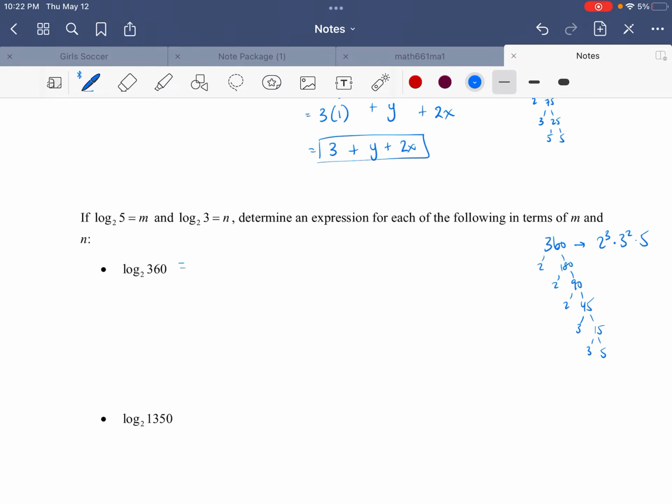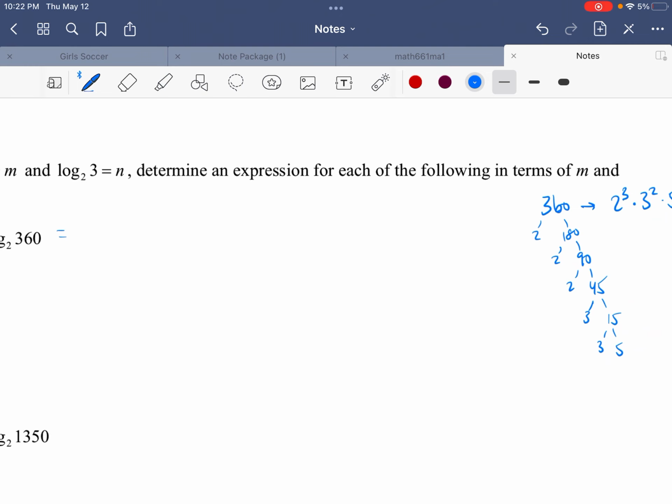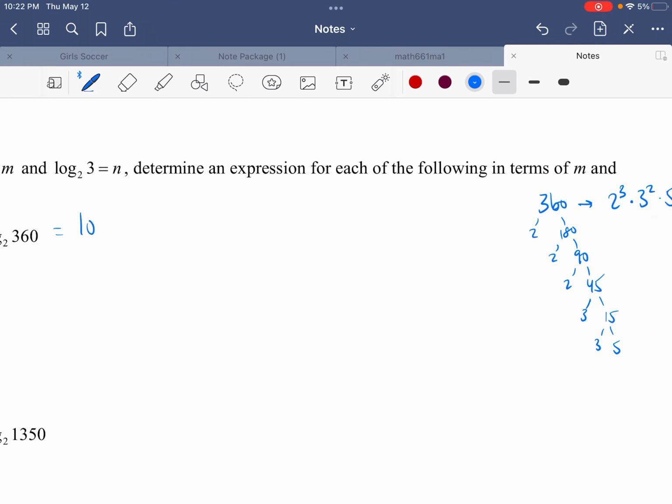So again, let's substitute that information here. So log base 2 of 2 cubed multiplied by 3 squared multiplied by 5. And that becomes 3 separate logarithms. And because we're multiplying the arguments here, when you separate the logs, it becomes addition.